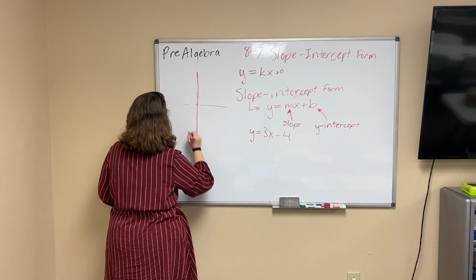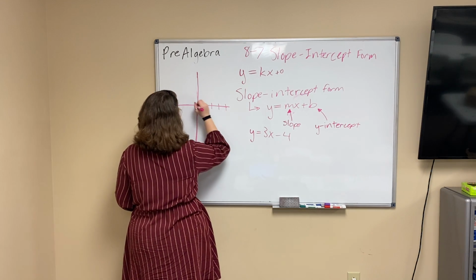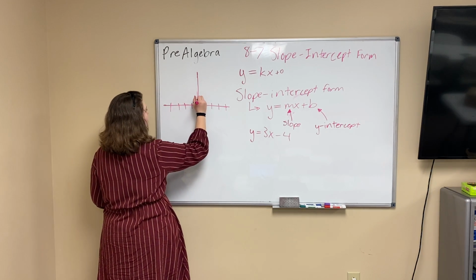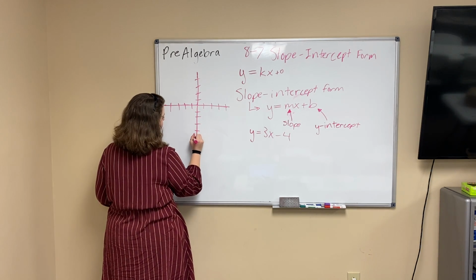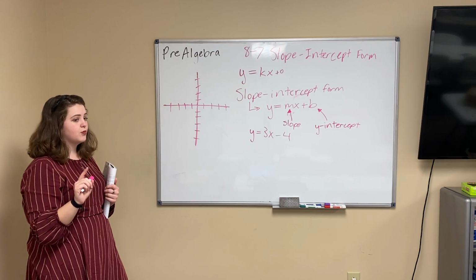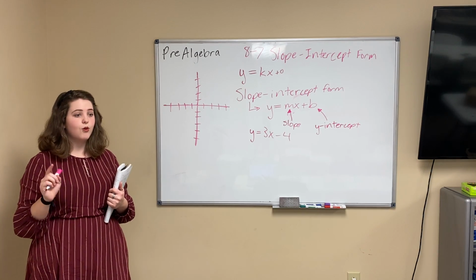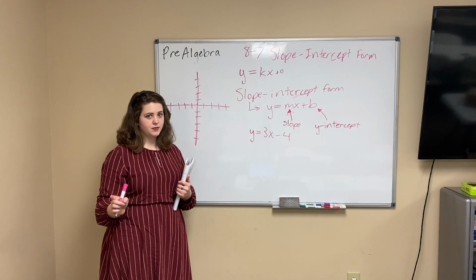First things first, draw your graph. Now, like I said, our y-intercept is the place where x equals 0, or the place where our line crosses the y-axis.